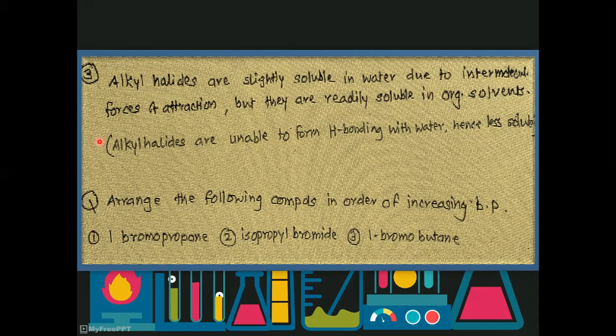Next, alkyl halides are slightly soluble in water, but they are readily soluble in organic solvents. Alkyl halides are unable to form hydrogen bonds with water, hence they are less soluble in water.